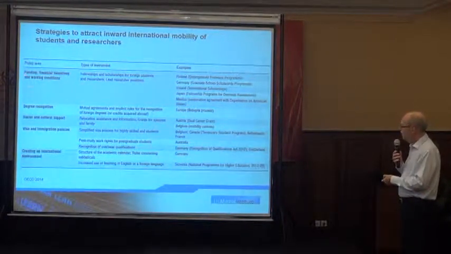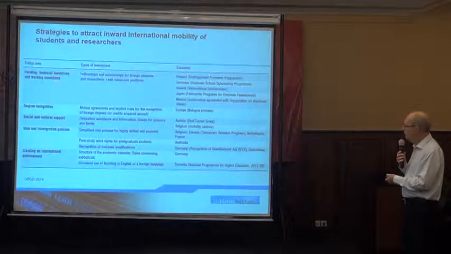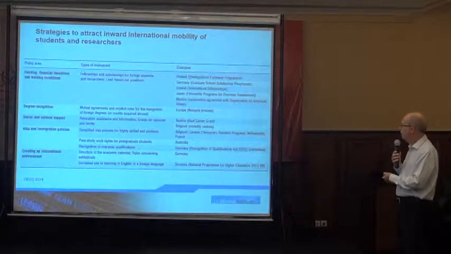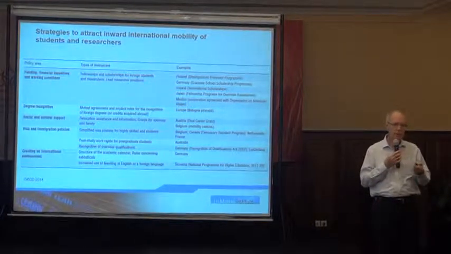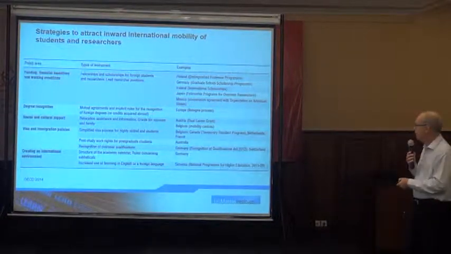If we just have a look at the column here, this is in the policy area, funding, financial incentives and working conditions. The type of instrument which can be used there is fellowships, scholarships for foreign students and researchers, lead researcher positions. So these are some strategies which government agencies can put in place to help you develop a research profile in your institution.